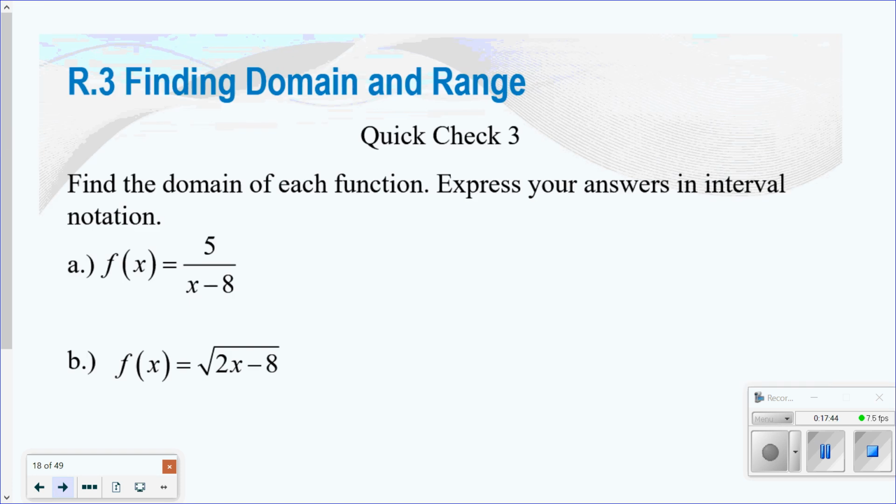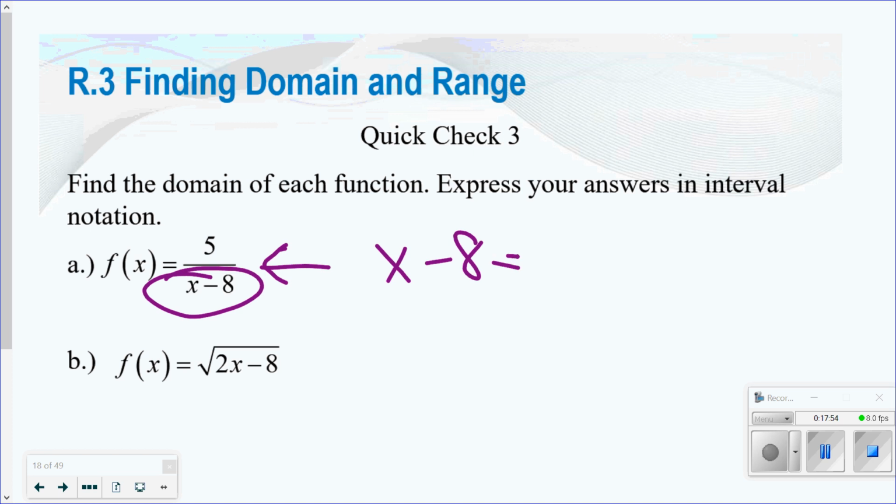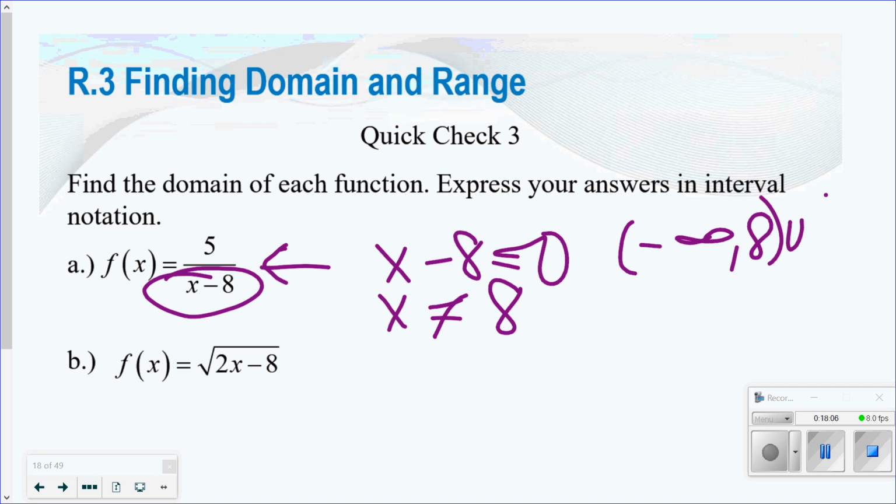Okay, so let's look at these two. Now, again, it's a fraction, so it could have a domain problem. Take that denominator, set it equal to 0, and solve. So x cannot equal 8. That's the only number it can't equal. In interval notation, negative infinity to 8, union 8 to infinity.